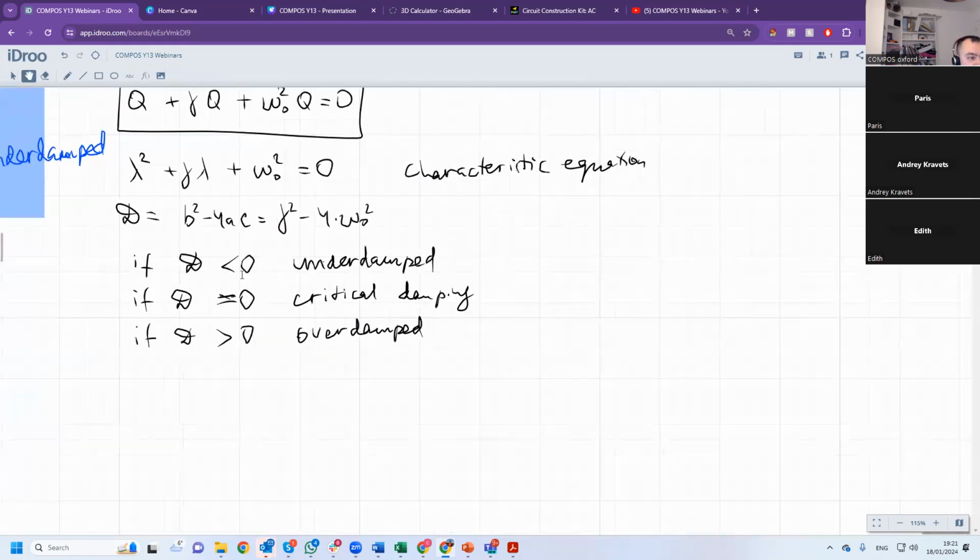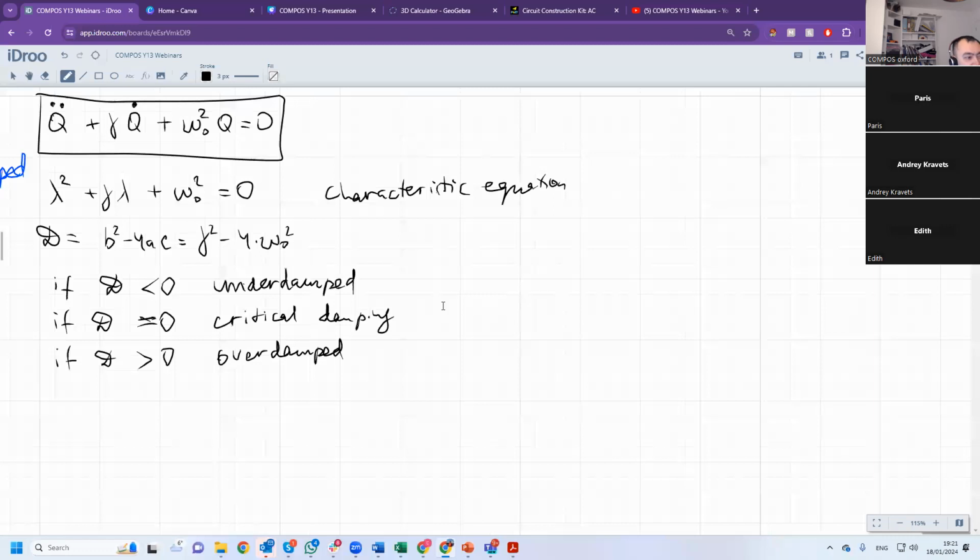And let's look at the situation. If gamma squared minus 4 omega 0 squared is less than 0, it's underdamped; equal to 0, critical; greater than 0, overdamped.